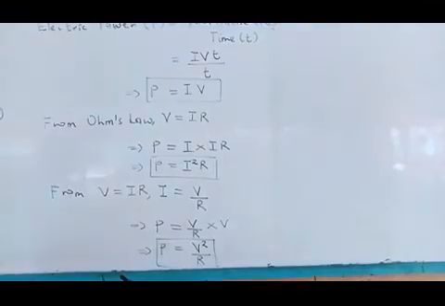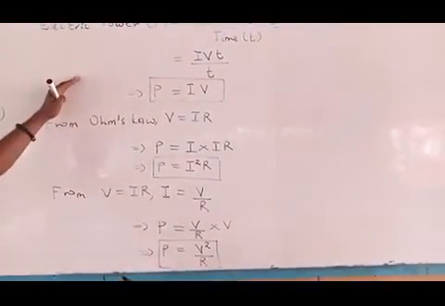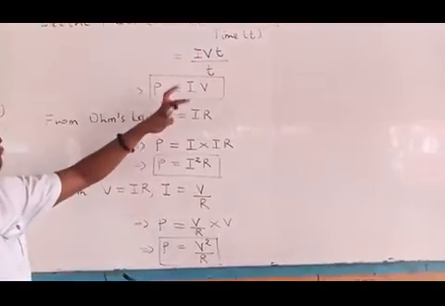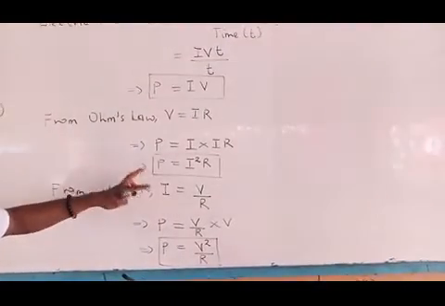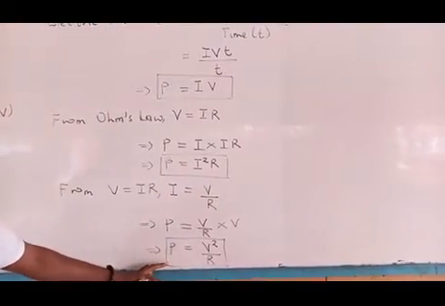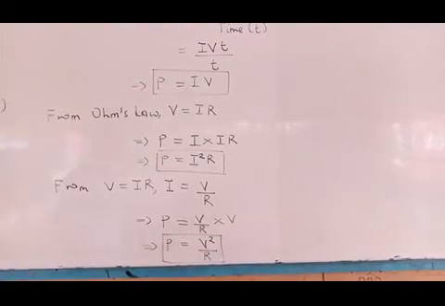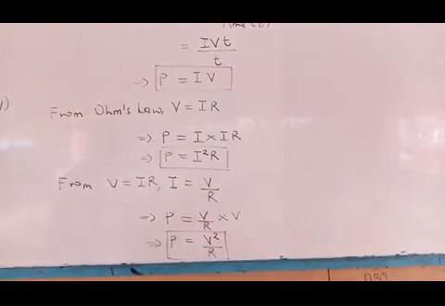So we have looked at three different relationships for power. The first one is in terms of current and voltage. The second one is in terms of current and resistance. And this last one is in terms of the voltage and the resistance.